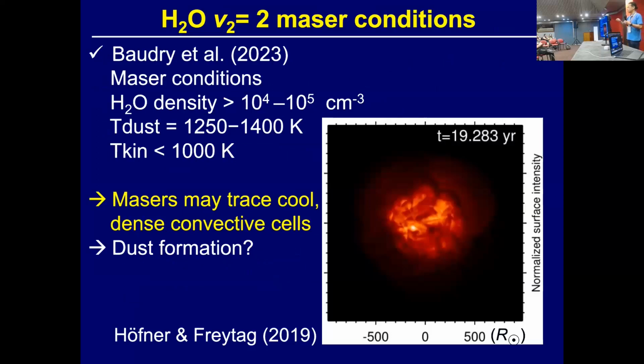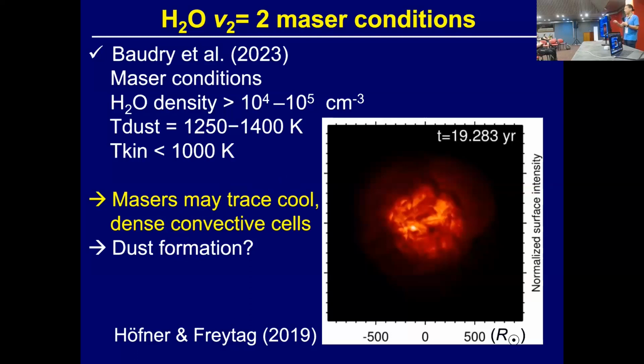So now let's consider the conditions for maser for this water transition. Baudry et al. recently showed that we need high water density and rather high dust temperature, nearly close to the dust condensation temperature, and the kinetic temperature below 1000 K. In other words, these masers trace cool and dense regions or pockets, and these pockets might be a consequence of convection.